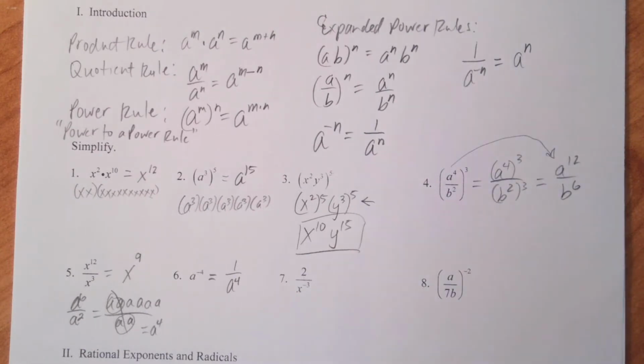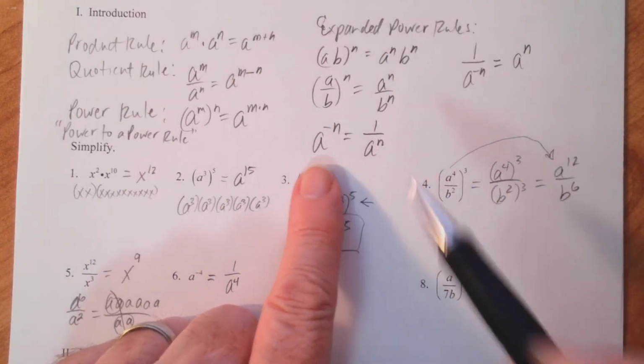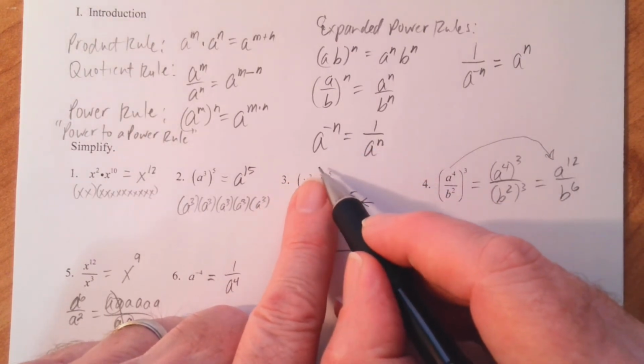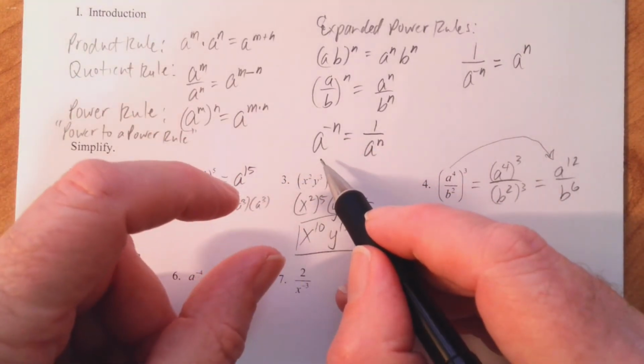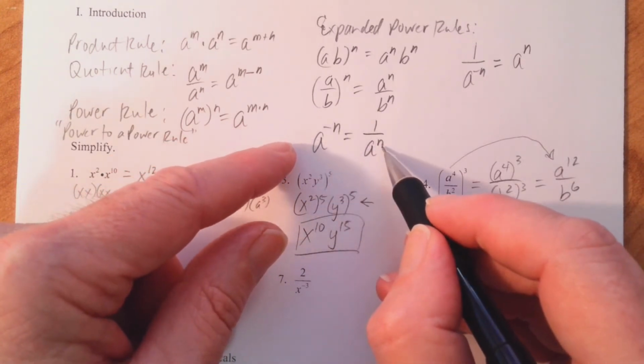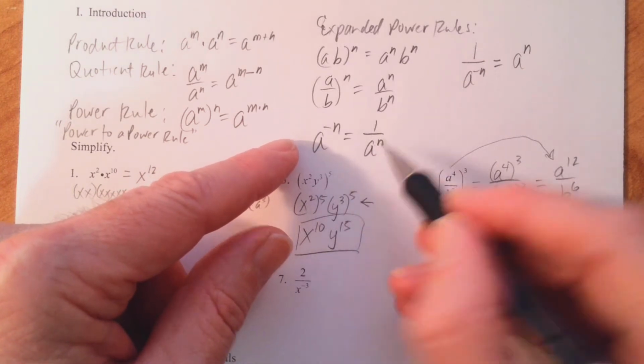We could go through some steps and I can show you that, but what you find is you could think of this as a to the minus n over 1 and just flip the fraction and change the minus n to a positive n.